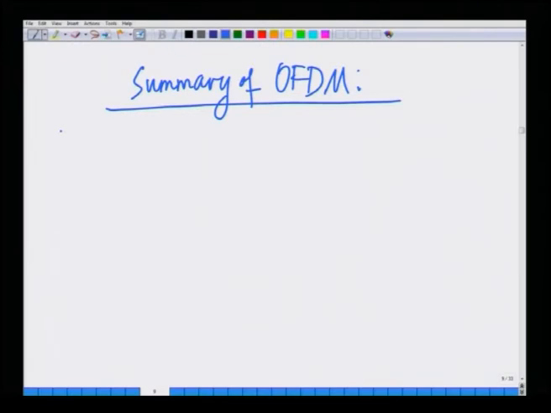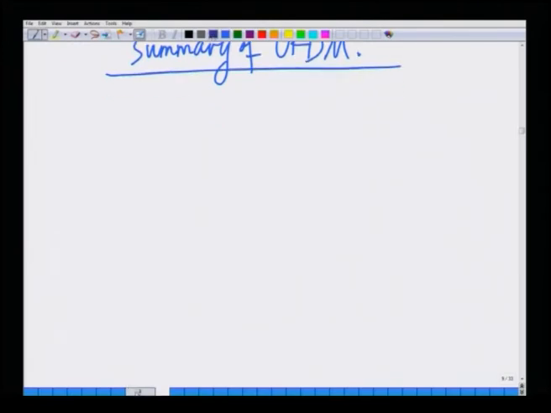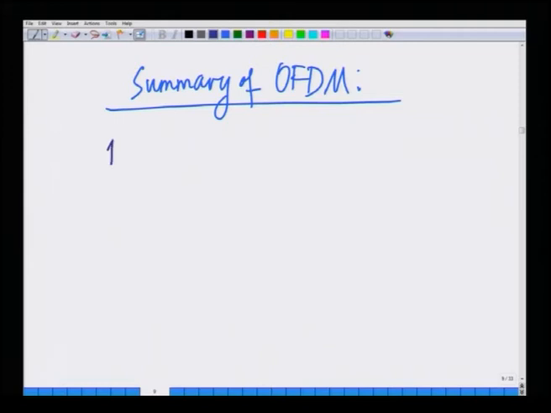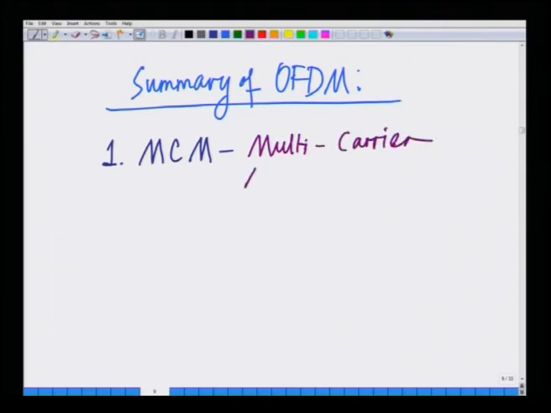In OFDM, the first thing we have seen is multi-carrier modulation, which forms the basis for OFDM.